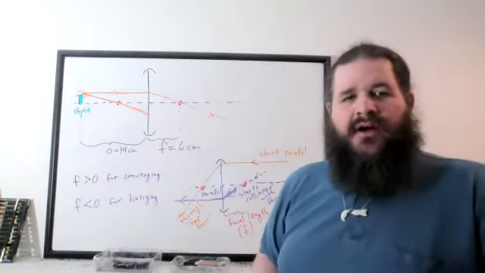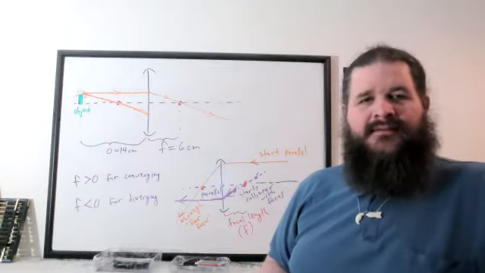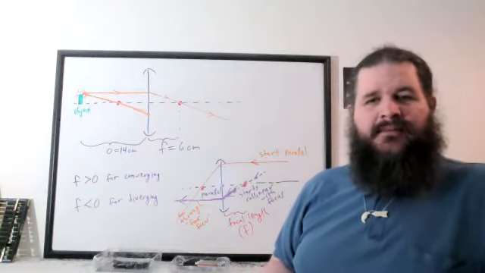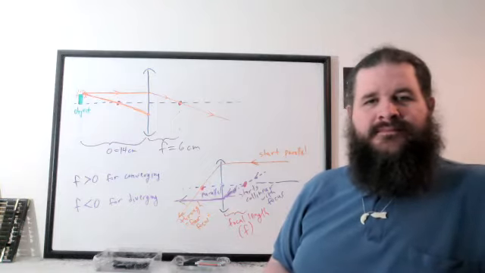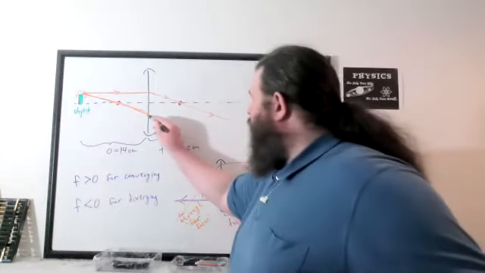And since it started off going through or collinear to the near focal point, what's going to happen to it? It's going to bend to become parallel to the optical axis.